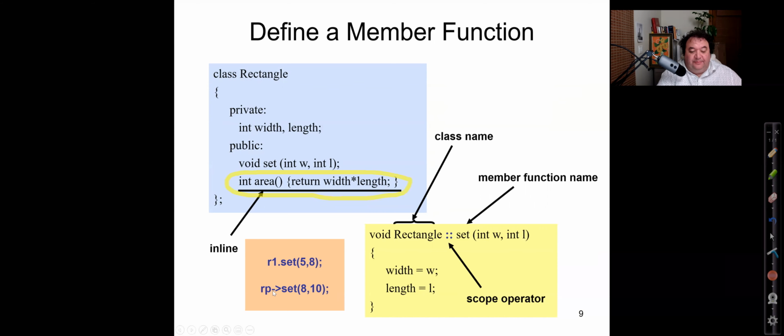So RP->set. Those are two different ways to refer to a member function, either through the dot for a direct variable declaration, or through the arrow if it's a pointer to the class.